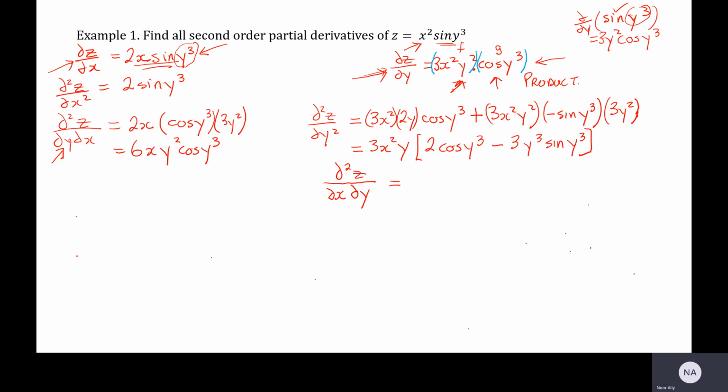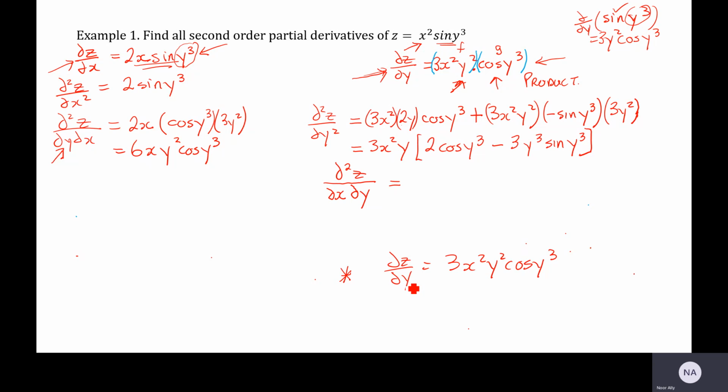So I'm just going to do it over here so that we can see it a lot better. Partial dz dy was 3x squared y squared cos of y cubed.